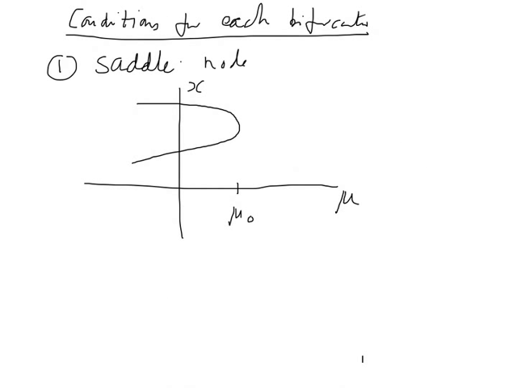So how do you know that this kind of thing is going to happen, or what's going on in terms of the stability and so on of this? So the idea is that usually what we would see here is that the curve on the top maybe consists of attracting fixed points, and then the one on the bottom consists of unstable fixed points.